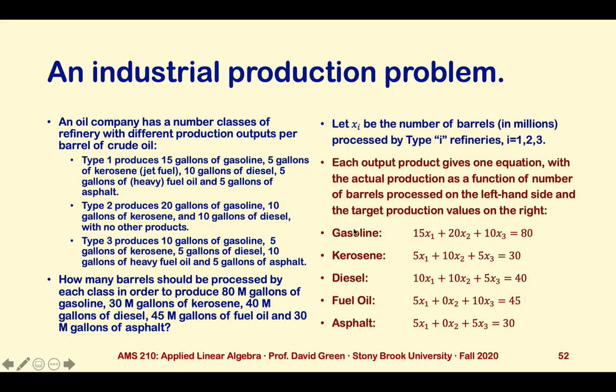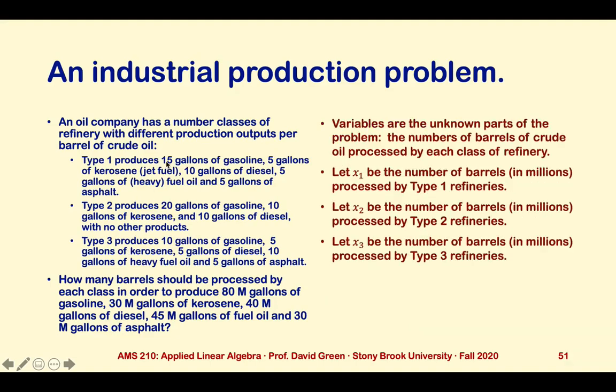For gasoline, the actual amount produced will be 15 gallons of gasoline multiplied by however many barrels of crude were refined, so 15 times x1, plus 20 gallons for every barrel of type 2, plus 20 x2, plus 10 gallons for every barrel processed by type 3.